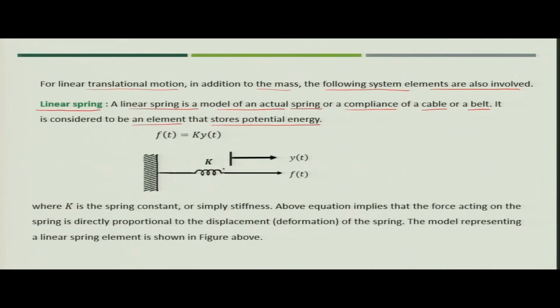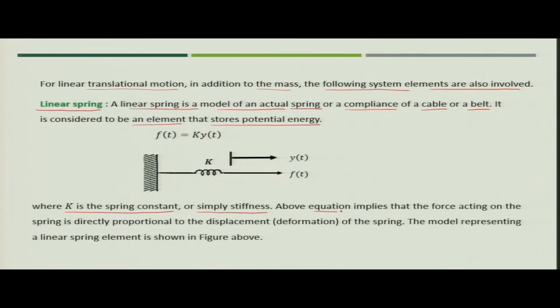If you see in this figure, k is a constant which we generally call the spring constant, and the force is directly proportional to the displacement. So, force F will be written as k into y(t). The spring constant we also call the stiffness constant.